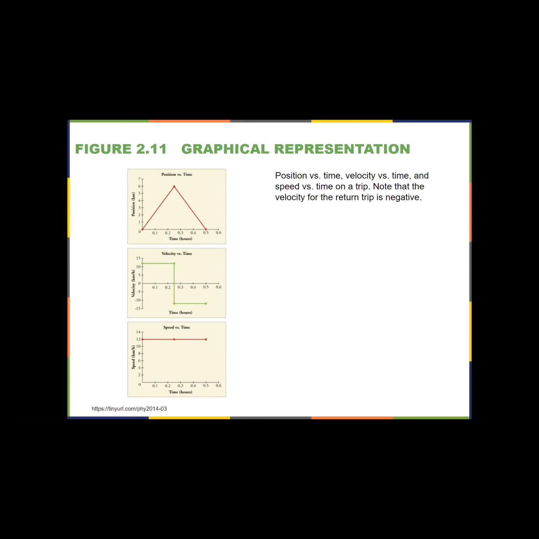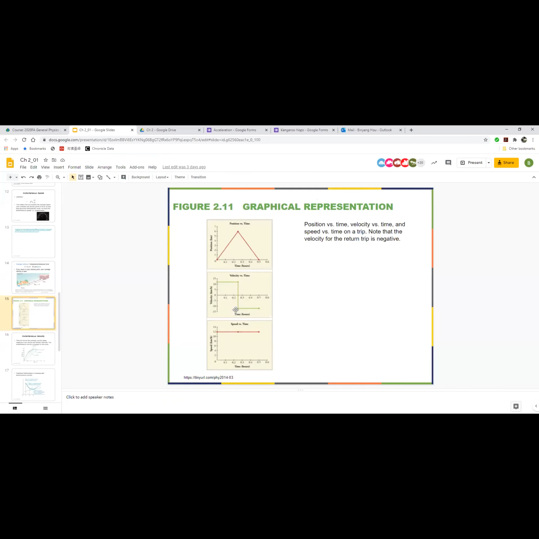If this is a one-dimensional motion, you can simply use positive or negative to indicate the direction of the quantity. For example, for velocity, you can say a positive value means going in the positive direction at a certain speed, and a negative value means going in the negative direction. So this is the graphical presentation of this.